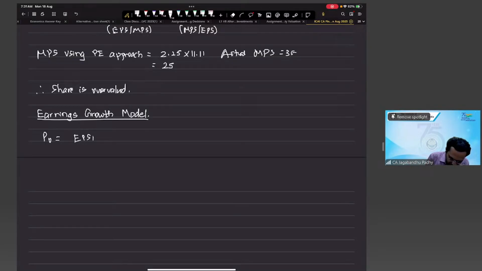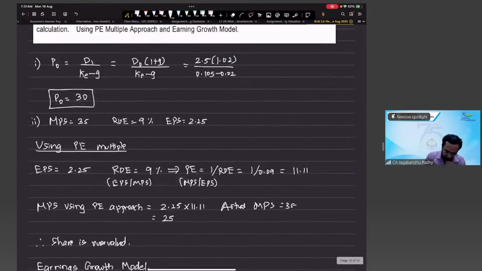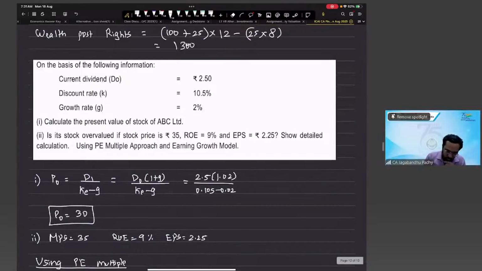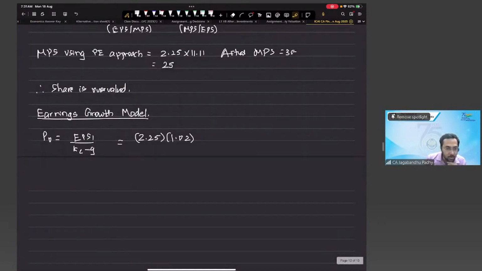It's going to be EPS1 upon KE minus G. So EPS is 2.25 into 1.02, because the growth rate is already given to us as 2%, so I have to accept it as it is. So EPS is 2.25 into 1.02 divided by KE, which is 0.09 minus 0.02.